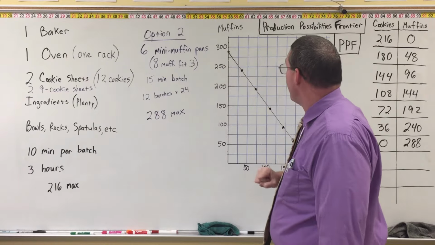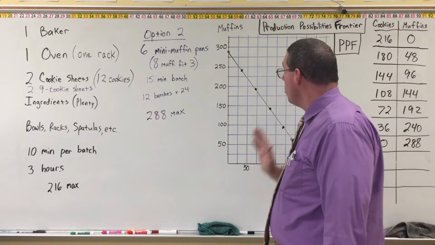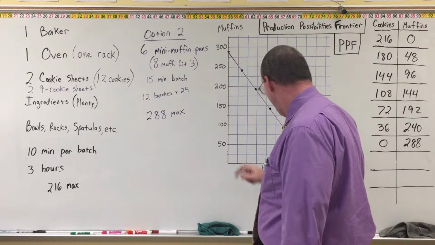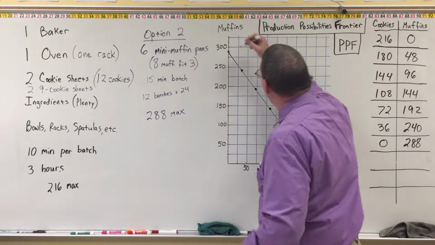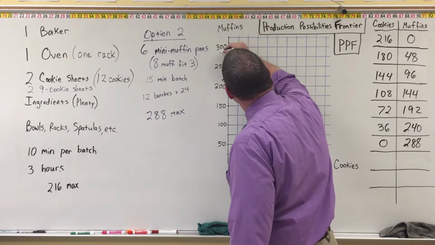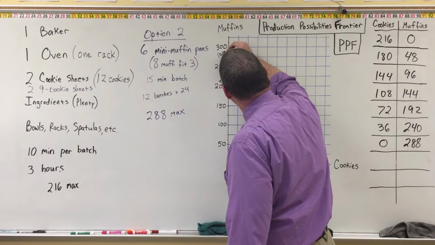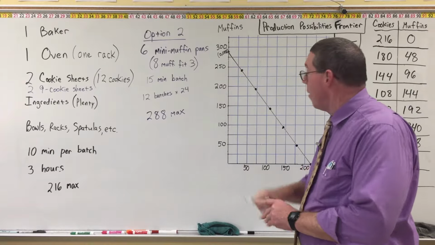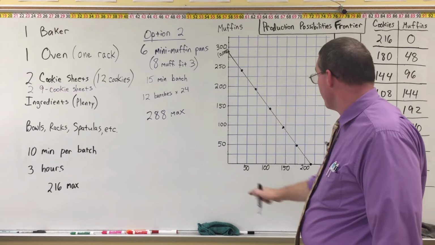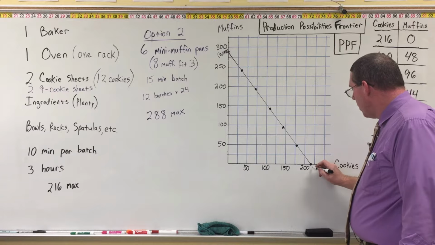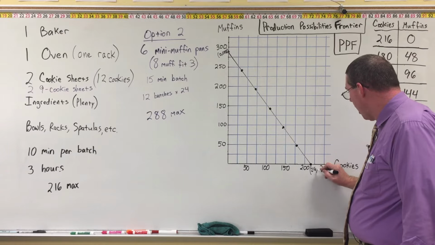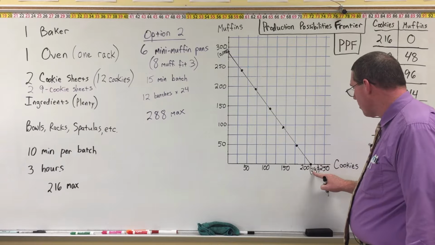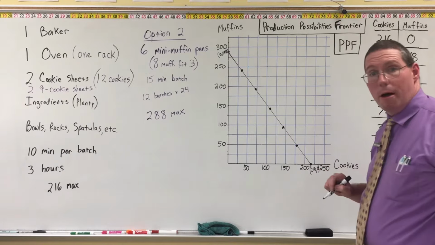So we've marked 288 muffins on the vertical axis. Note also that it is the point 0 and 288. And so at the point 0 and 288, we are producing 0 cookies and 288 muffins, because muffins are on the y-axis, the vertical axis. Down here, this point is the point 216, 0. That's that point right here, meaning we're producing 216 cookies and 0 muffins.